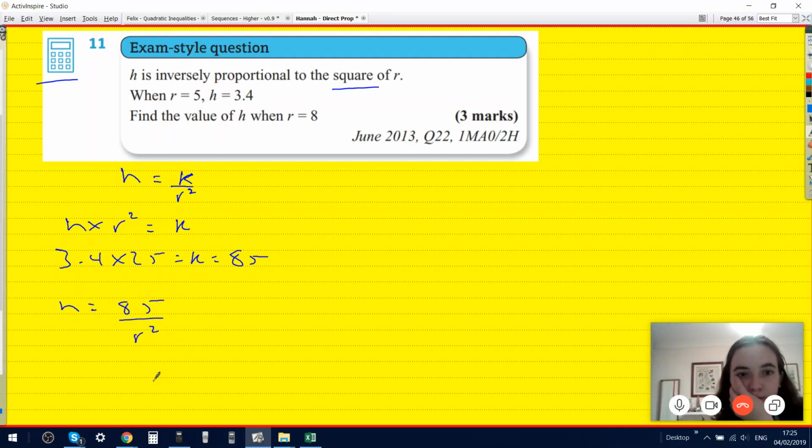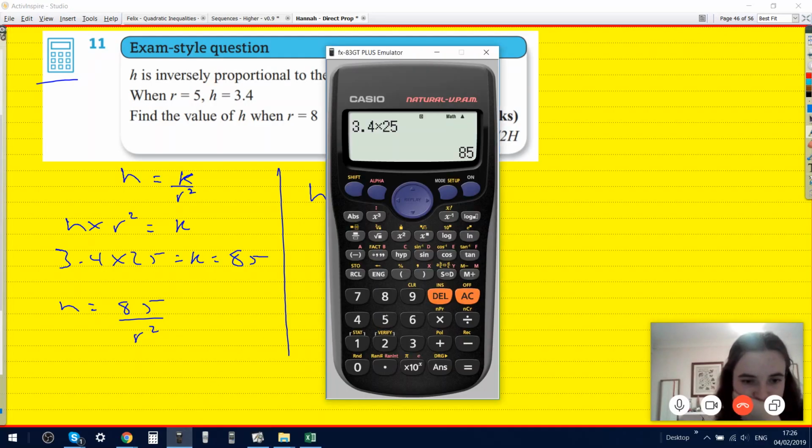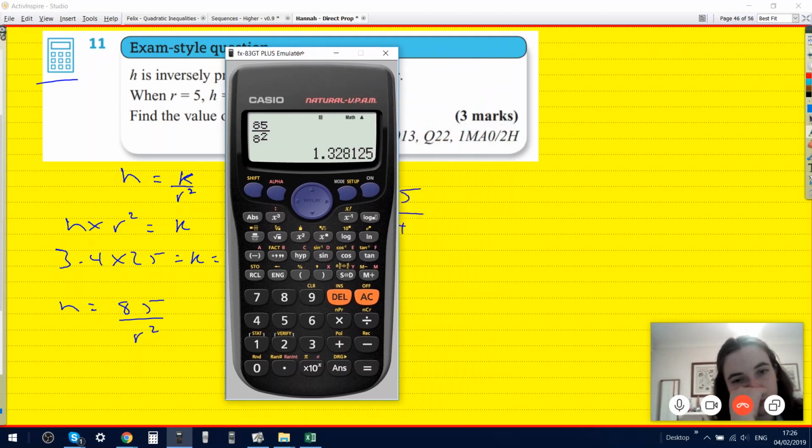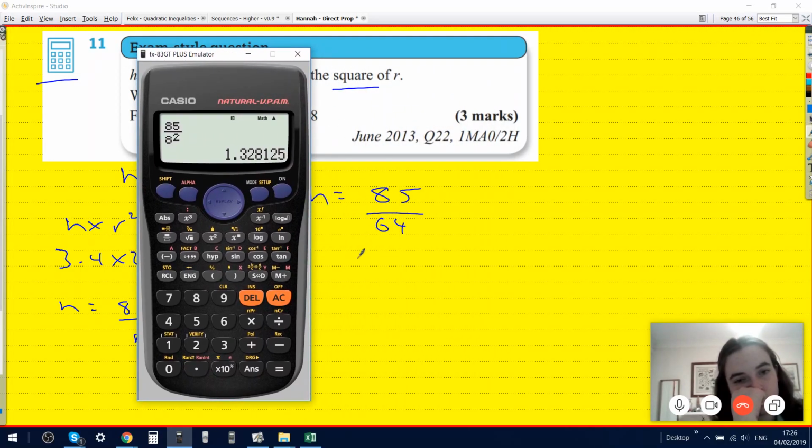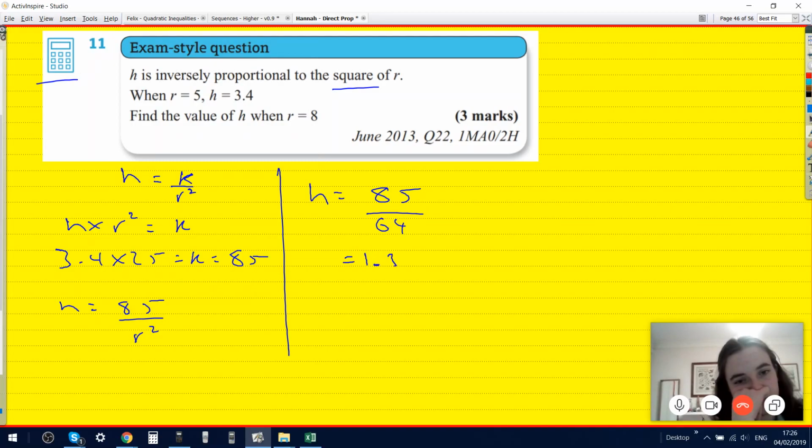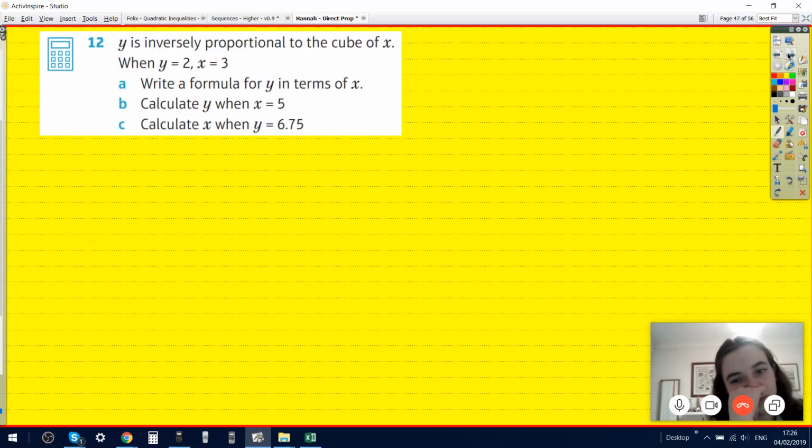So then h equals 85 over 64. That's it. And if it's a calculator one, I would just do 85 over 8 squared. Just take no chances. Okay, there you go. 1.328125. I didn't ask for any significant figures. Yeah, okay, I think you're good there.